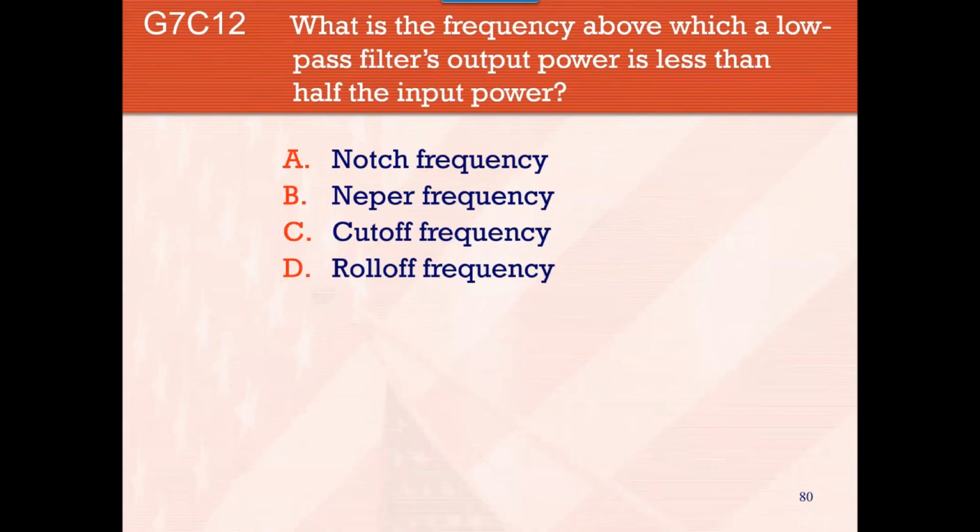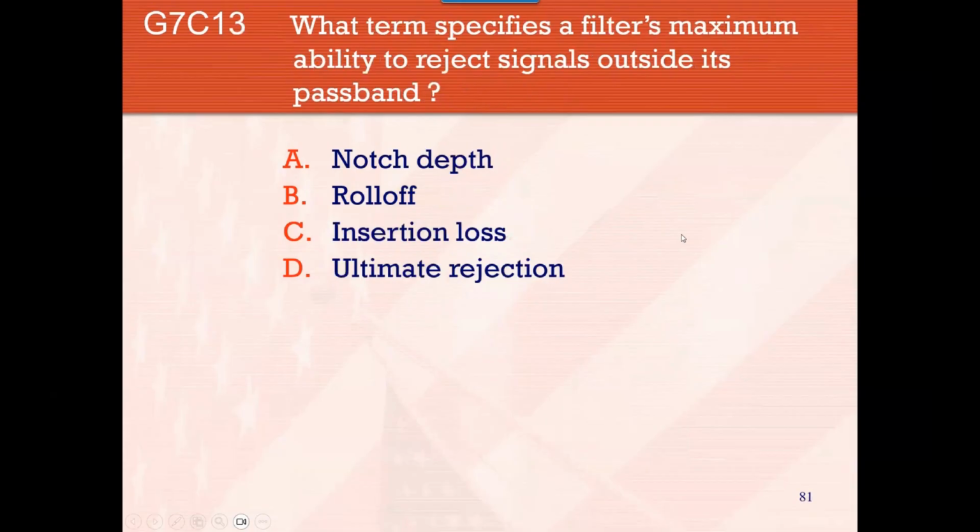So here we're talking about the frequency above which the low-pass filter says you can't do that anymore. It's called its cutoff point. Basically, it's 50%. We go up to when we lose about 50%, we say that frequency has cut off. It's the cutoff frequency.